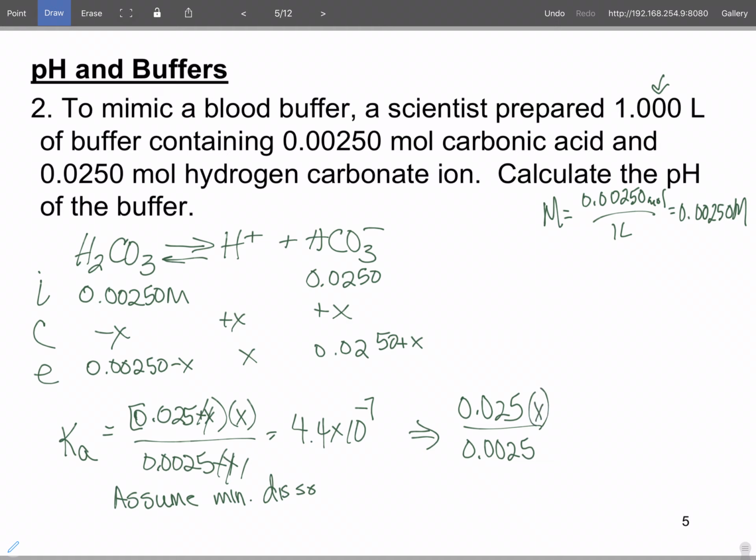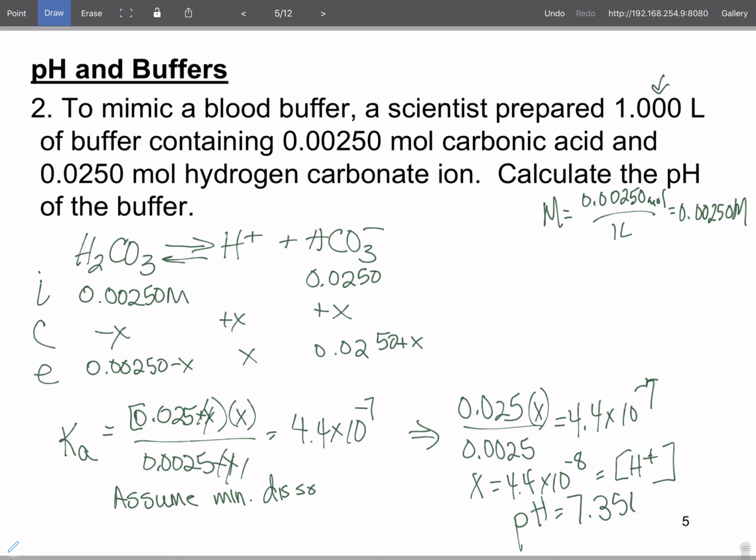This one's got the X, is 4.4 times 10 to the minus 7th. So X is 4.4 times 10 to the minus 8th, which is the hydronium ion concentration. Take the negative log of that, so your pH is equal to 7.3565, so it's 7.36 is your pH.